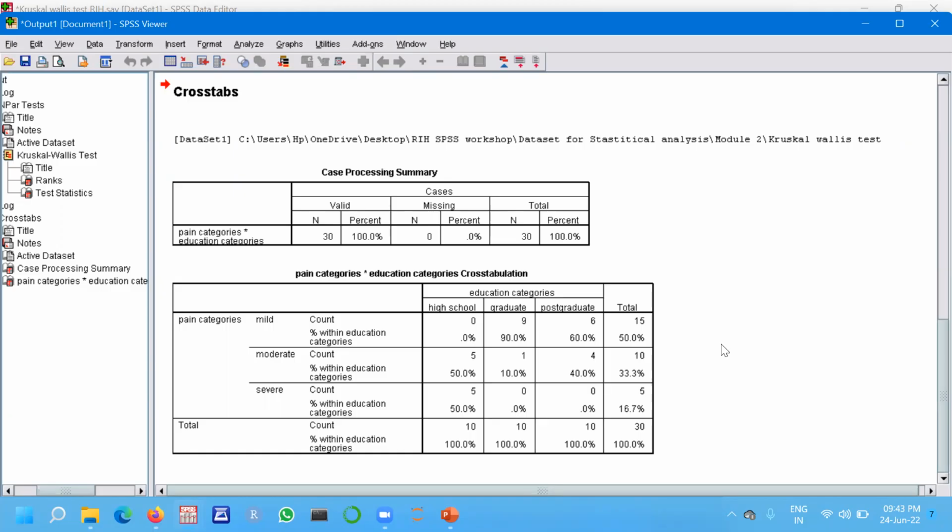But those who have high school education didn't understand the techniques of slow-paced breathing, so their pain severity is more. So that is the interpretation from this study. Okay, hope you understand. So you can do the exercise with the data set and the trial version.